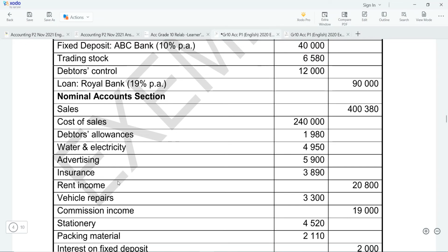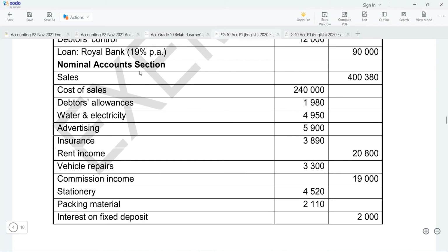Okay, and for me personally, this is what I do when I teach learners. I teach them to start by entering firstly the accounts that are given in the nominal section, so that at least, should you not finish, you are able to score some marks. So we're going to start with that.